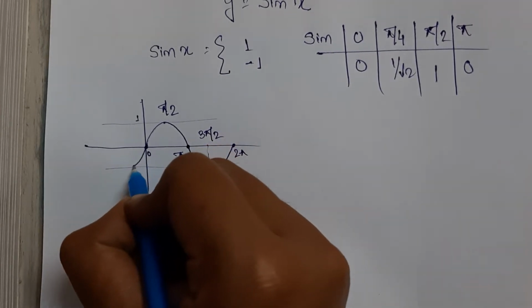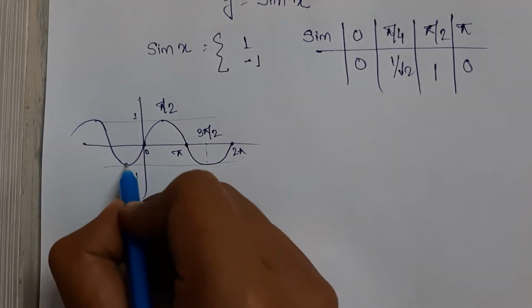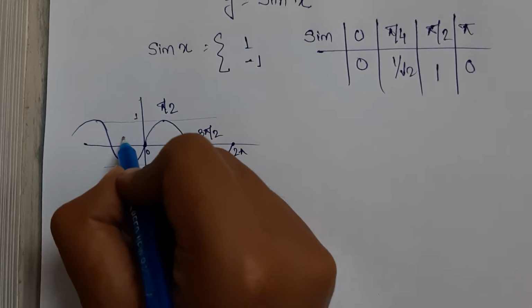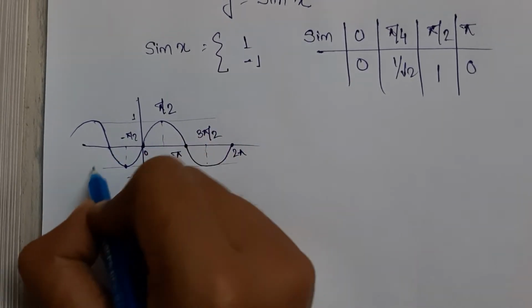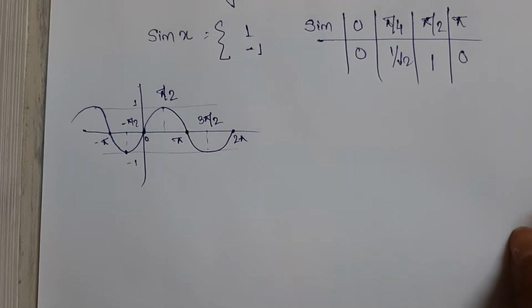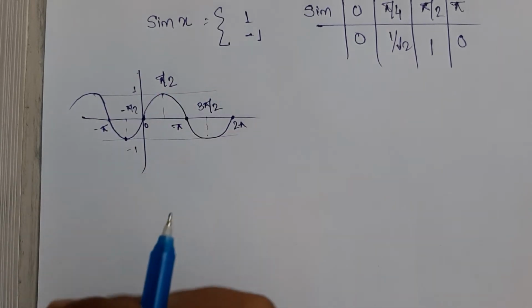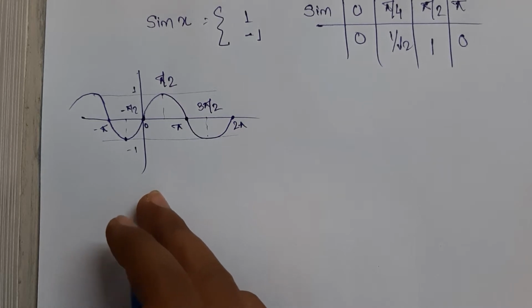Similarly, on the negative side, when it gets -1, it is at minus pi by 2, and when it gets 0 again, it is at minus pi. So you can use this graph whenever you get generalized trigonometric function solutions in class 11 while going through the chapters.